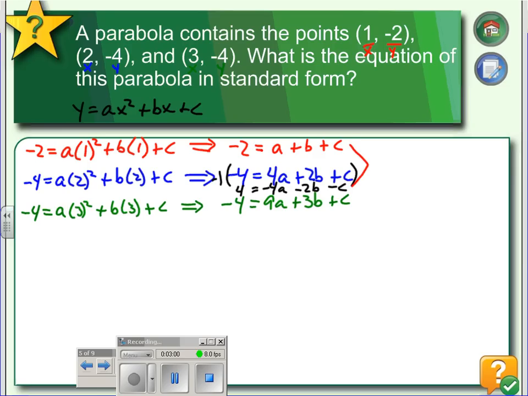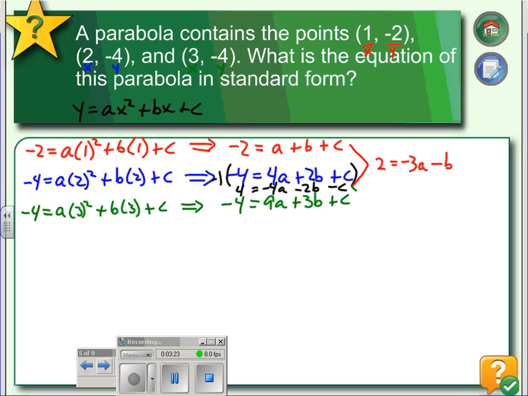So if I add these first two equations, -2 plus 4 is 2. 1a minus 4a would be -3a. 1b minus 2b would be -b. And 1c minus c would be no more c's. So I have eliminated c's one time.